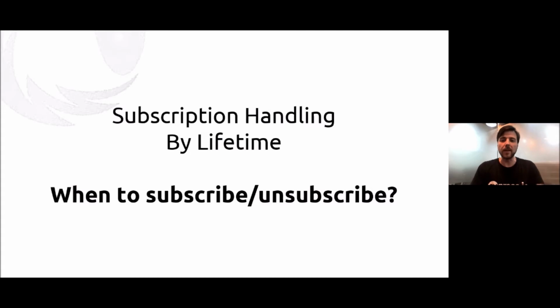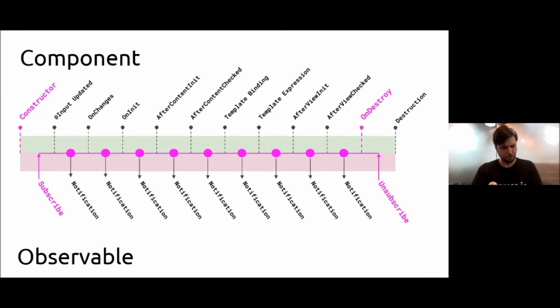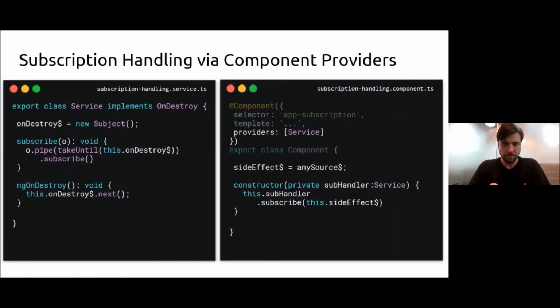So quickly, let me talk about this subscription handling part, because this is one of the essential parts of this. It's not a library, it is a technique. So when we want to handle subscriptions, we can think of something like this. We subscribe whenever we start a component, and we unsubscribe whenever we destroy the component. And we have the proper lifecycle hooks here.